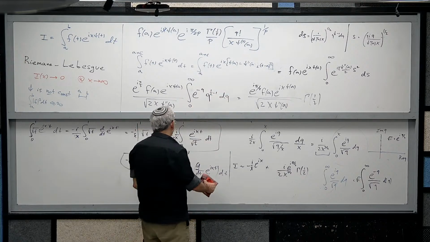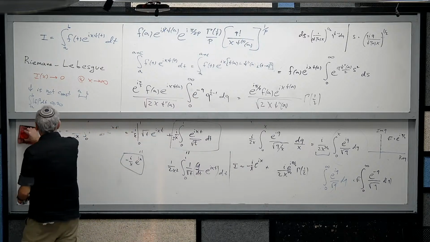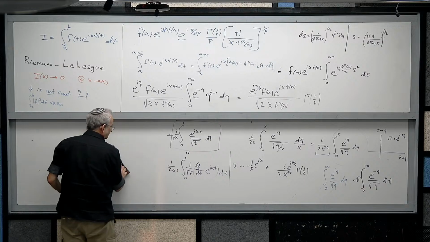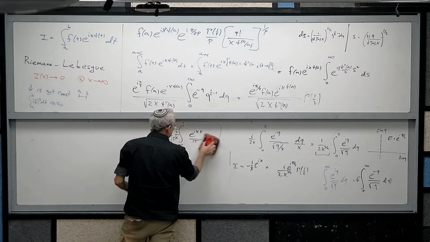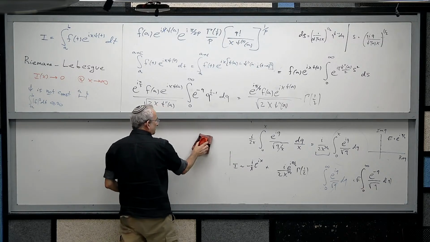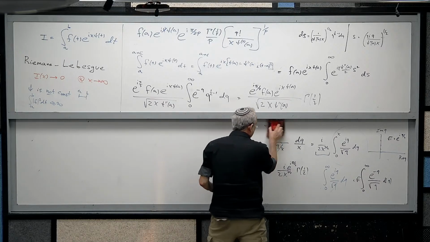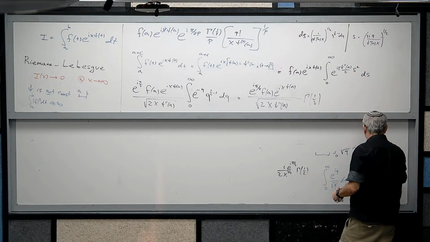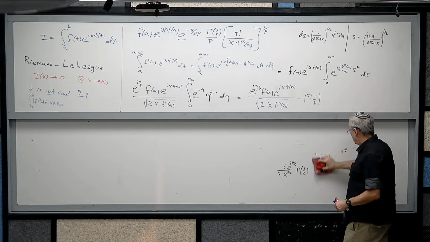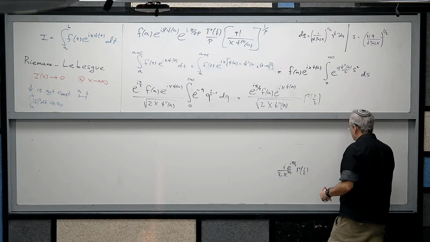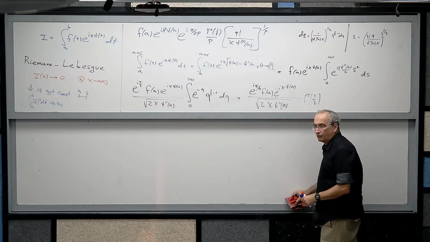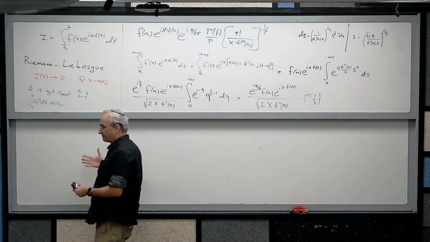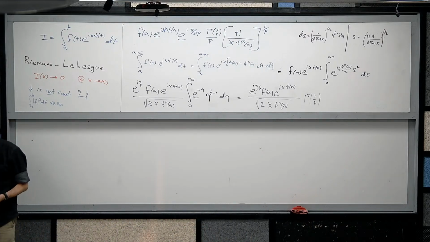So the more stationary is the phase, the slower is the decay of the integral, and this is because, as we explained, the decay is coming from the oscillations, and the larger p is, the more stationary is the phase, and the oscillations are weaker and weaker. And they affect the behavior of the integral at the larger extreme.